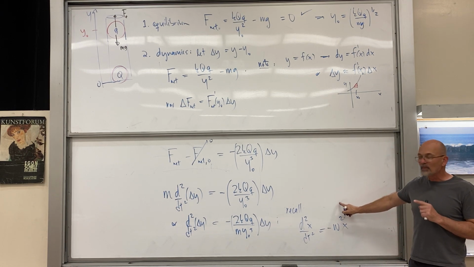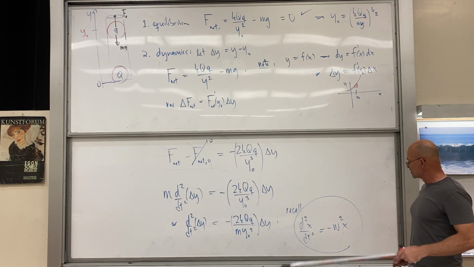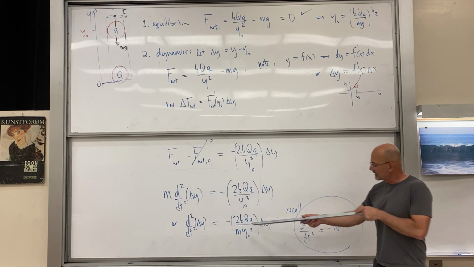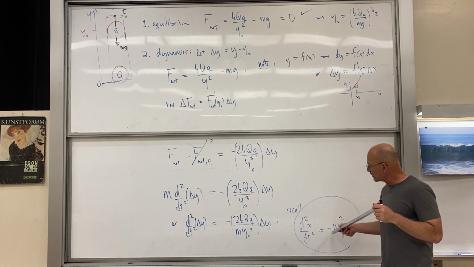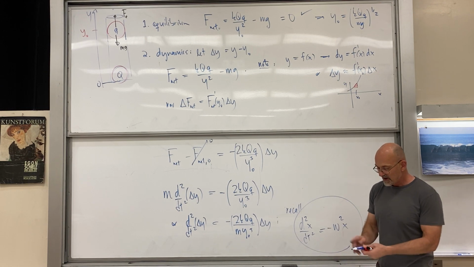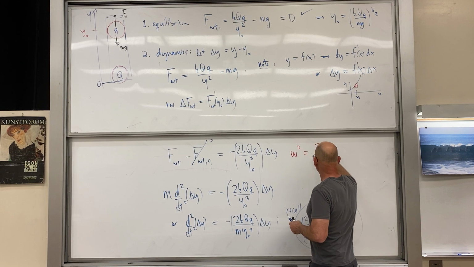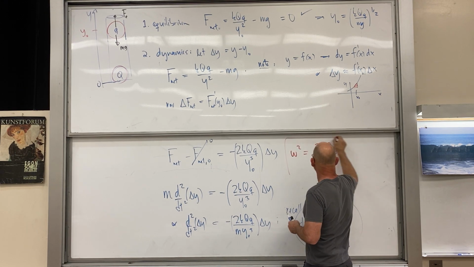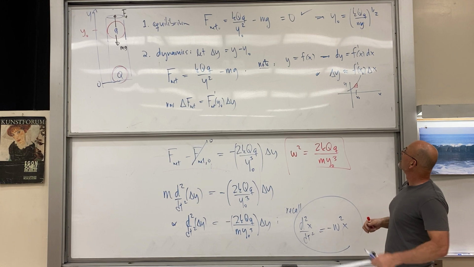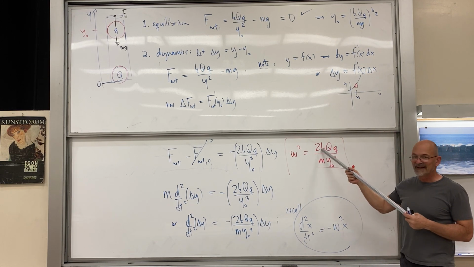That's the differential equation for the harmonic oscillator. So what is our omega squared? It's what I have here in parentheses, omega squared equals 2kQq over m y naught cubed. Y naught given up there, then a couple steps of algebra and you get the answer that was in the book.